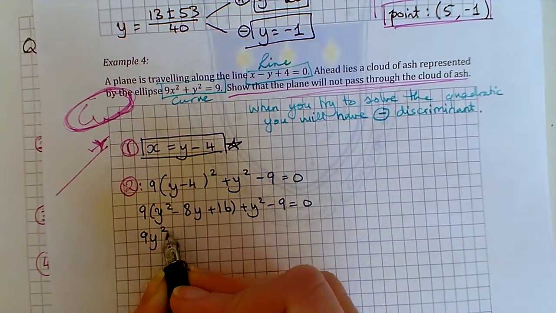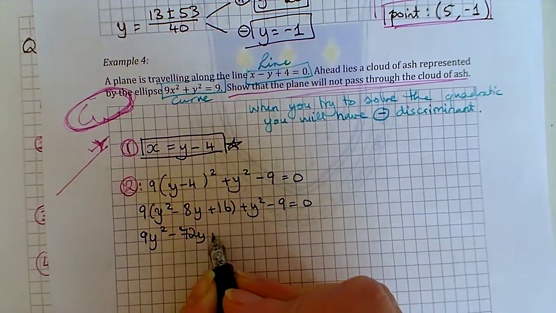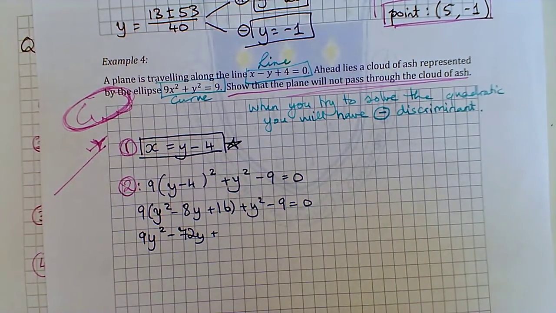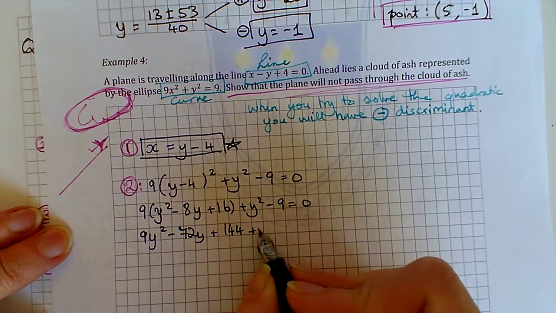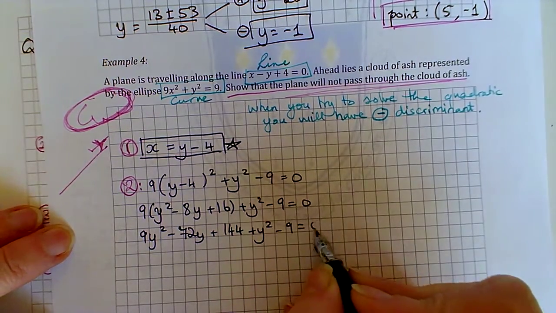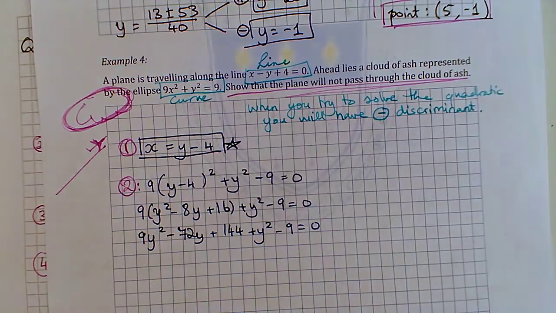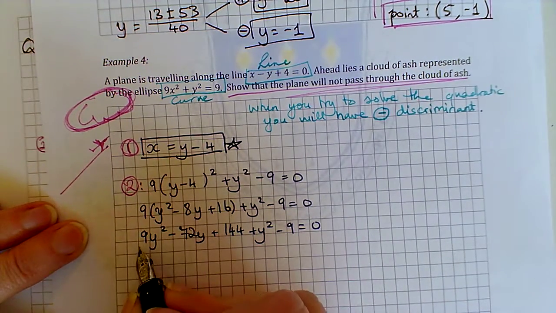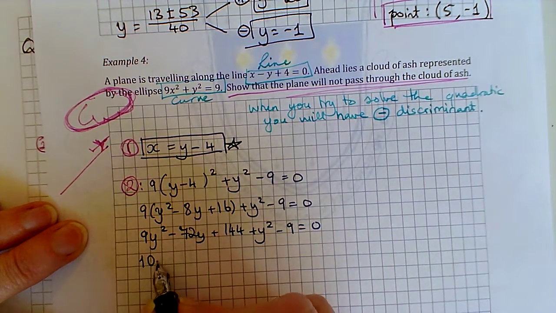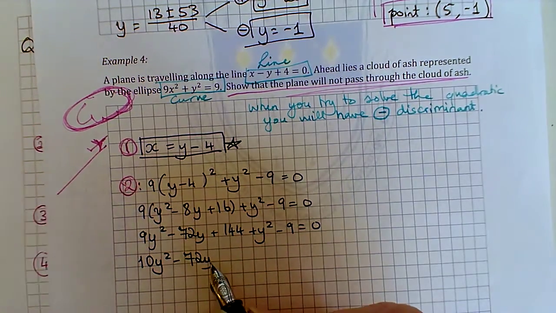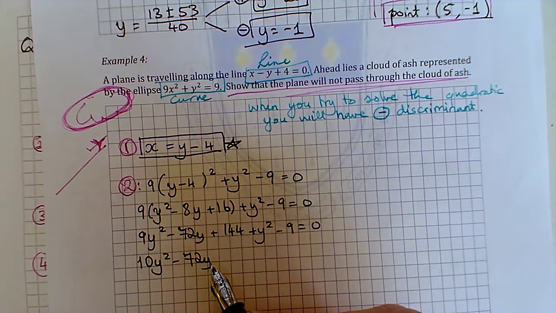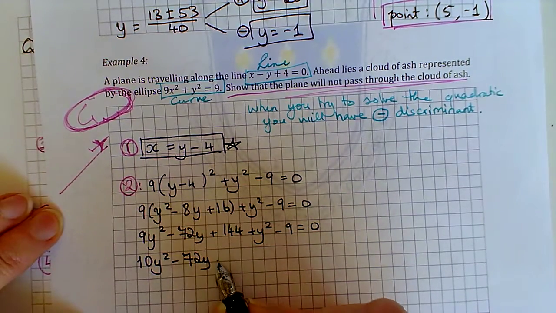Multiply out: 9y squared minus 72y plus 16 by 9, calculator job, 144, plus y squared minus 9 equal to 0. And then I'll gather my like terms. 9 plus 1 is 10, 10y squared minus 72y, 144 minus 9 is 135, equal to 0.